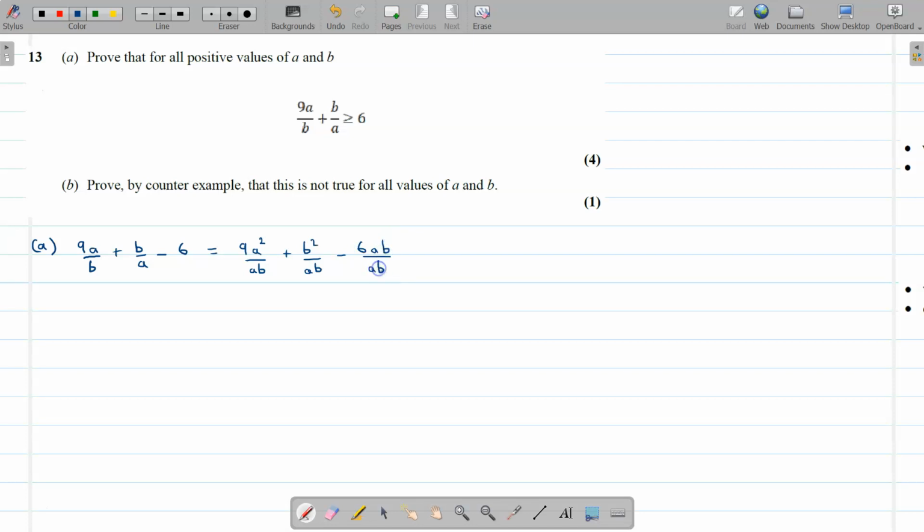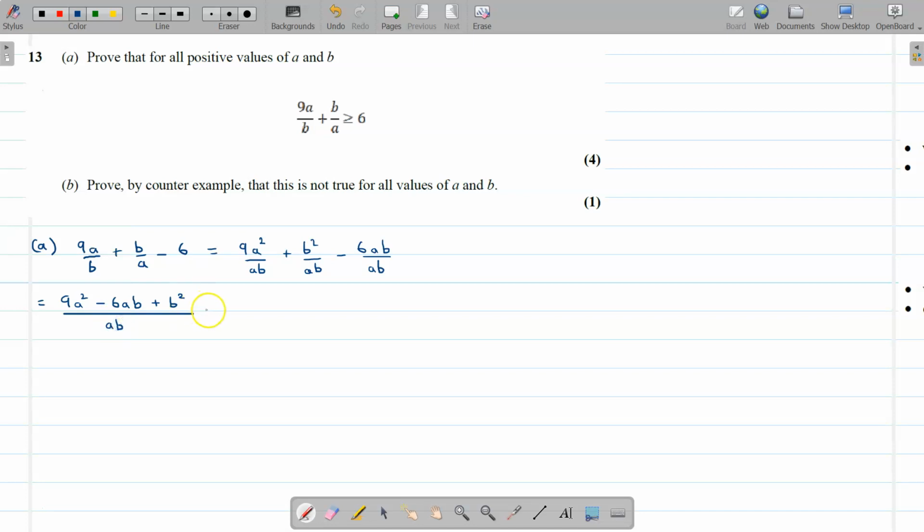Okay, now on my next line I'm going to write that all of that is equal to 9a squared, and I'm going to change the order of the second and third terms because I know that this is leading to a perfect square, and that's what they were wanting you to spot quite early on in this problem, I think. So that is that over ab, okay?